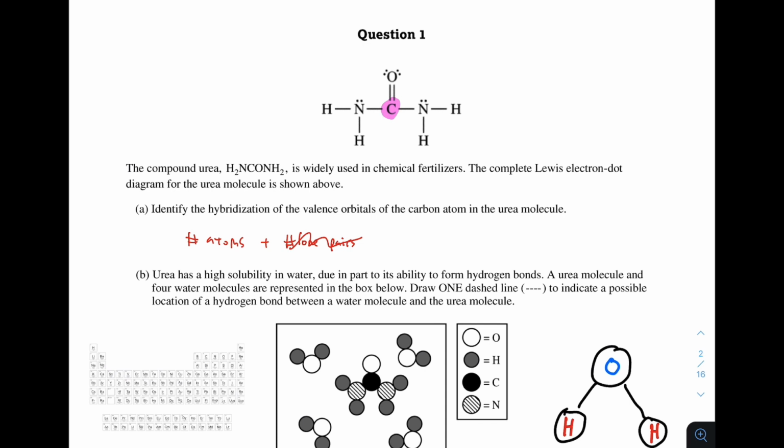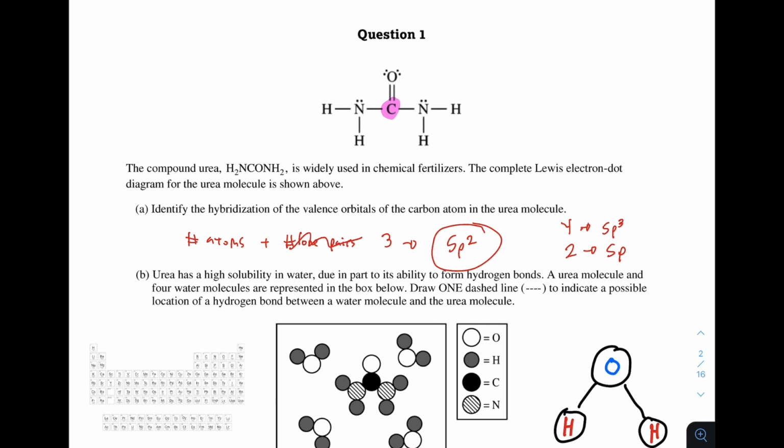Because this carbon is connected to 3 atoms, it's going to have sp2 characteristics. And why is it sp2? Well, if a carbon is joined to 4 atoms, then it's going to be sp3. If it's joined to 3, then it'll be sp2, and if it's joined to 2, then it'll just be sp.